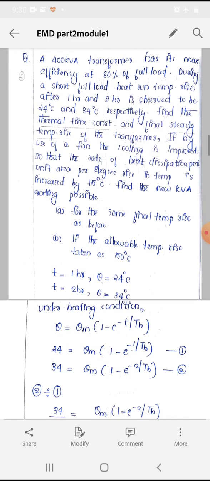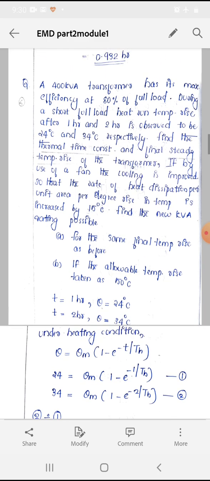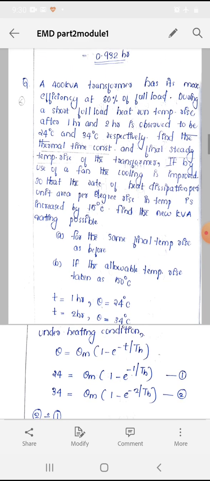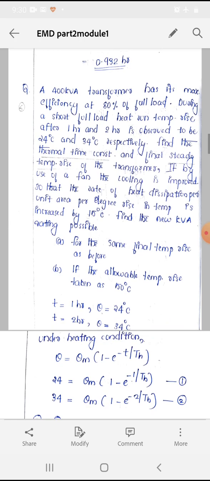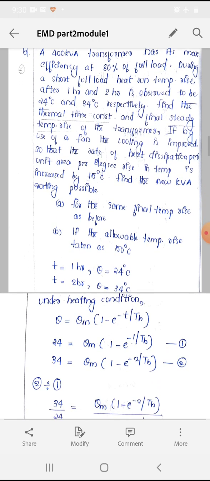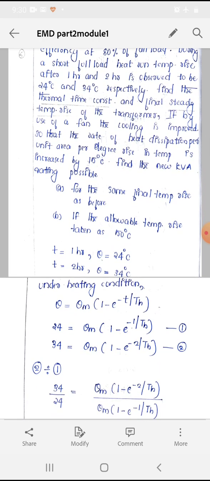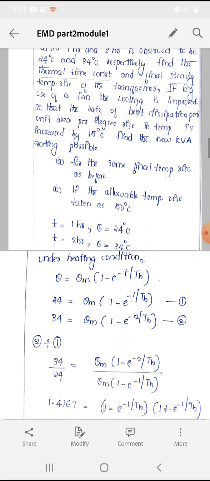Okay, so from the question, first we need to find the thermal time constant and final steady temperature rise of the transformer, that is Th and theta m, which is easy to find. For that they have given two conditions: t is equal to 1 hour for theta equal to 24 degrees Celsius and t is equal to 2 hours for theta equal to 34 degrees Celsius, and we know the heating equation as theta is equal to theta m into 1 minus e raised to minus t by Th.